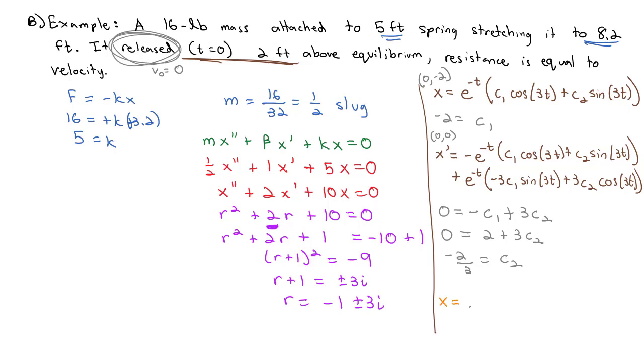So we're going to end up with our final equation for this dashpot system, this damped motion, is e to the -2 times c1, which is -2 cosine of 3t, plus C2, which is negative 2/3 sine of 3t.